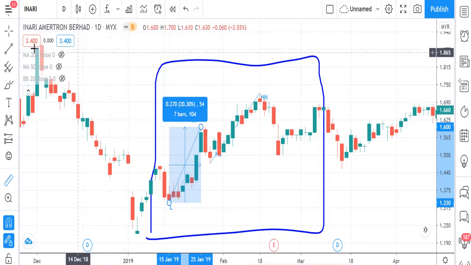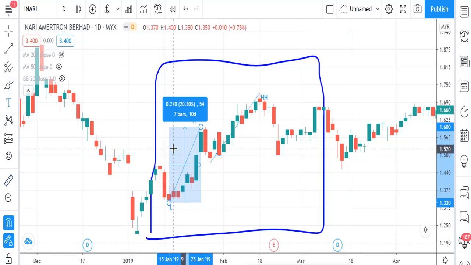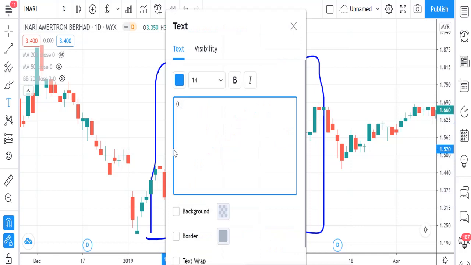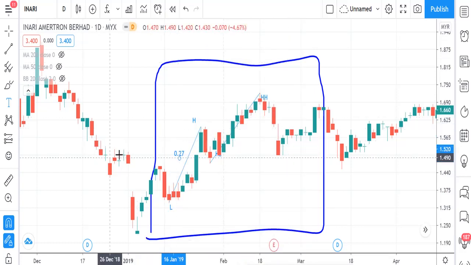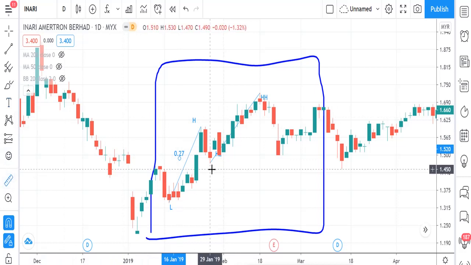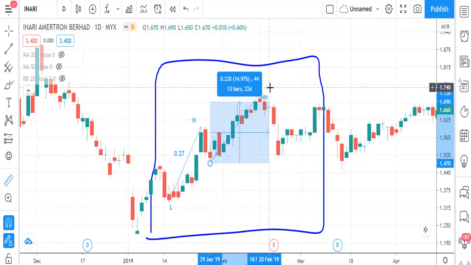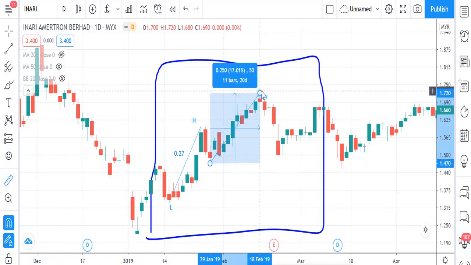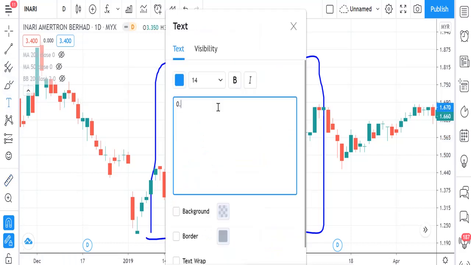It went up by 27 cents, so we'll put it here: 0.27. Then for the next one, we'll take the ruler again and measure from this low to that high. It went up by 25 cents. So it's slightly lower than the previous one. It went up by 0.25.